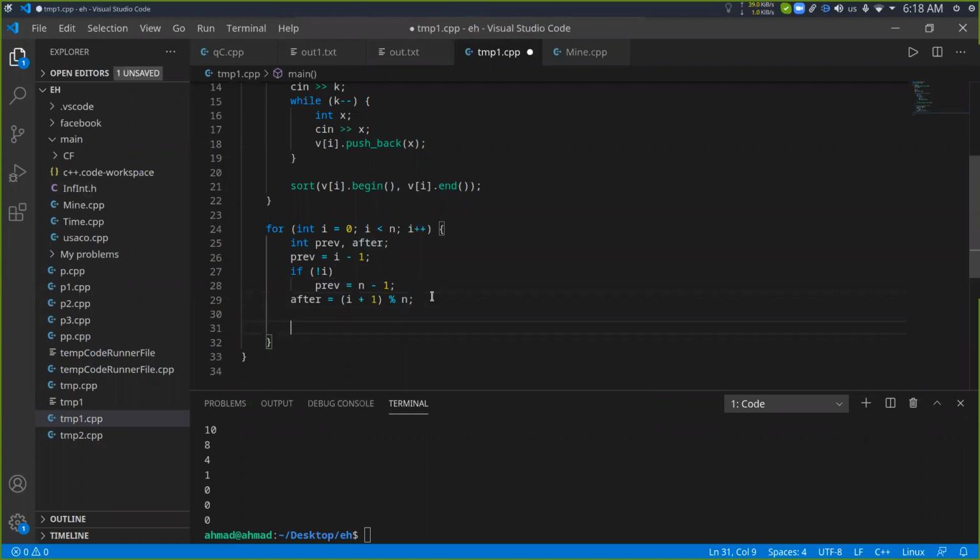So now we have previous and after. We will loop through every cell, so for int j equals 1, j smaller than size, j plus plus.